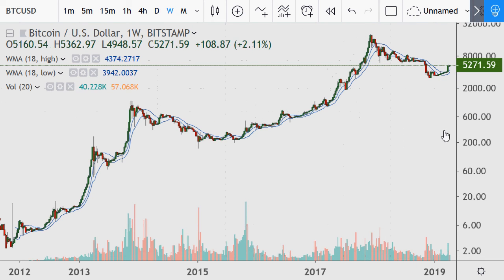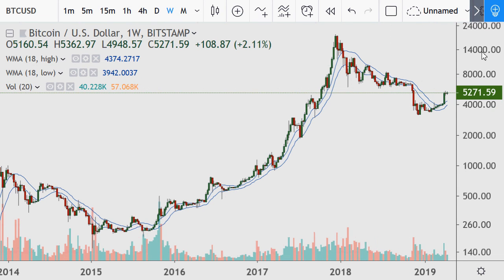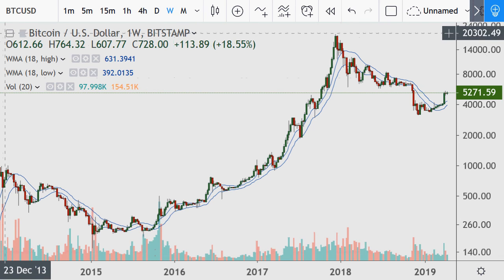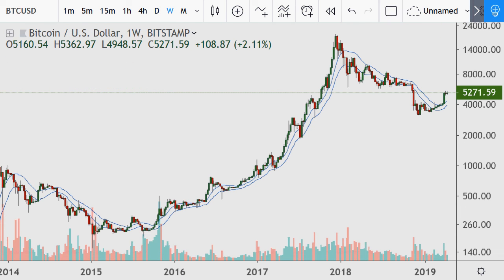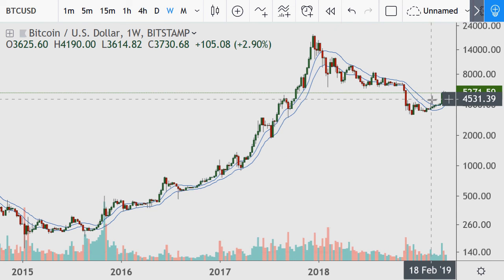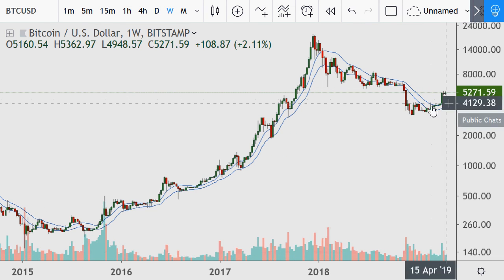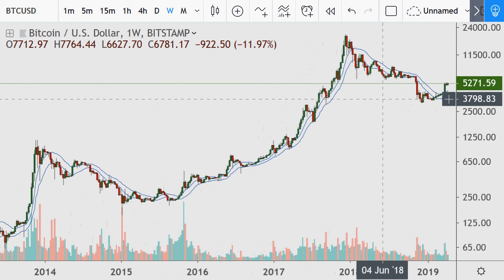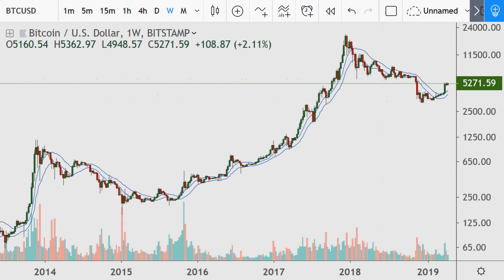So what happened back then, and what I'll do now, is push the print screen button on my computer and look at it this way.